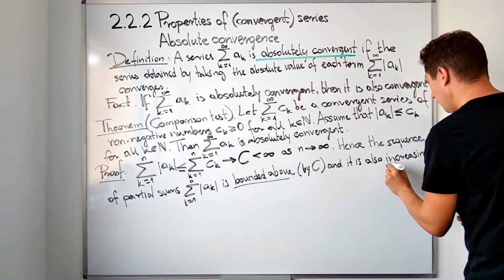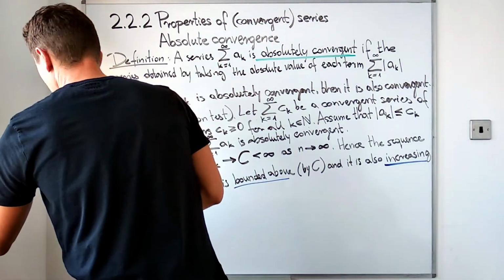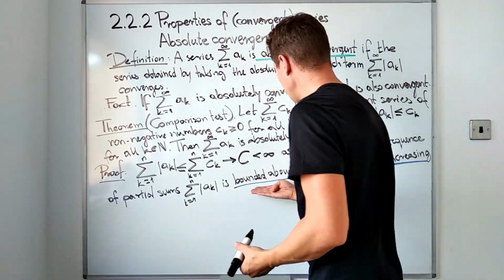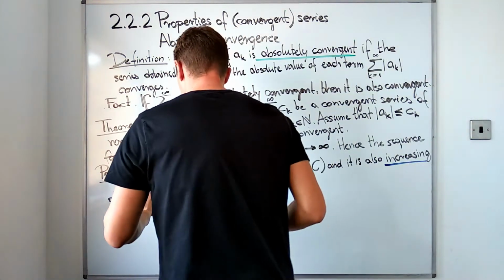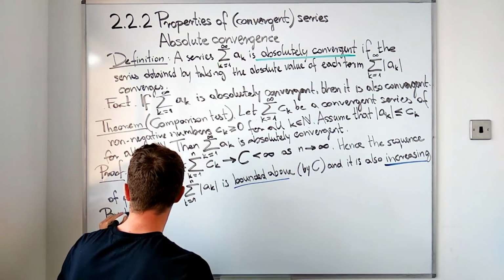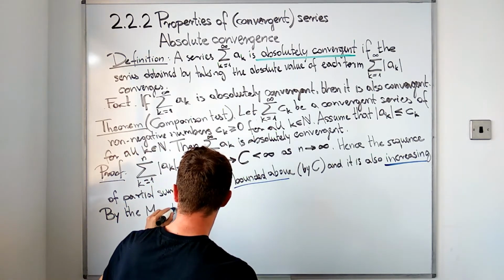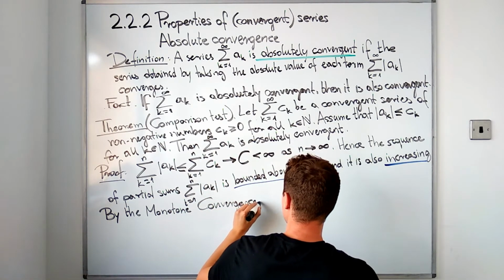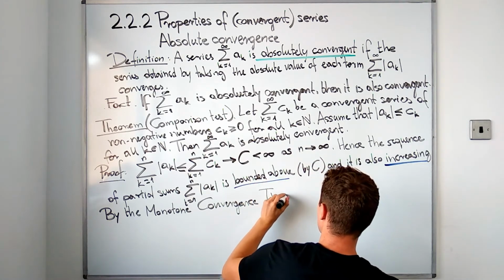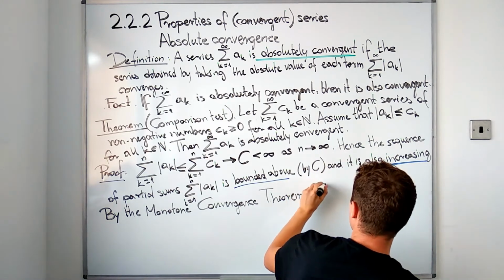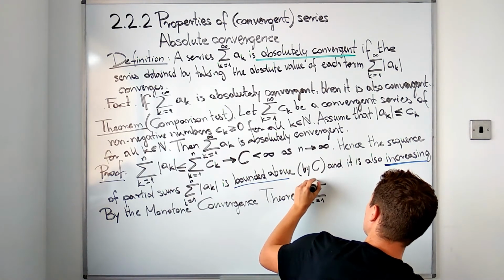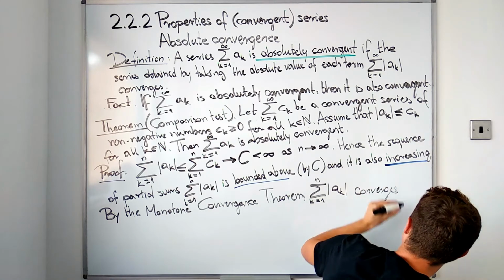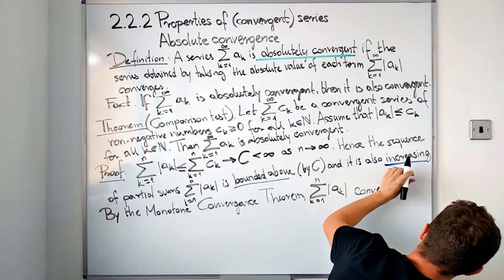So, both bounded above and increasing, by the monotone convergence theorem this sequence of partial sums has to converge as n goes to infinity.